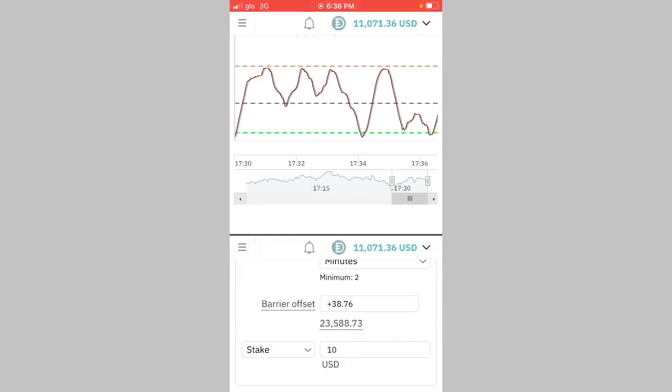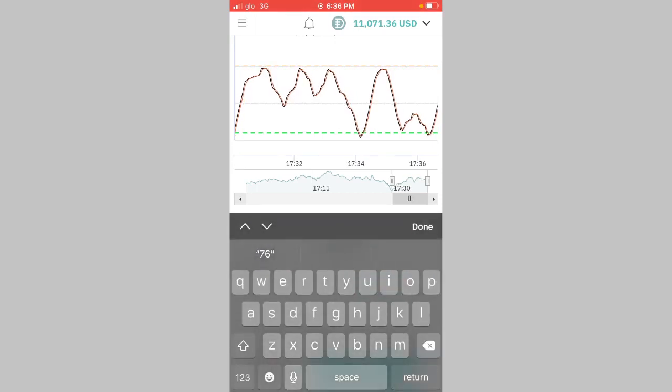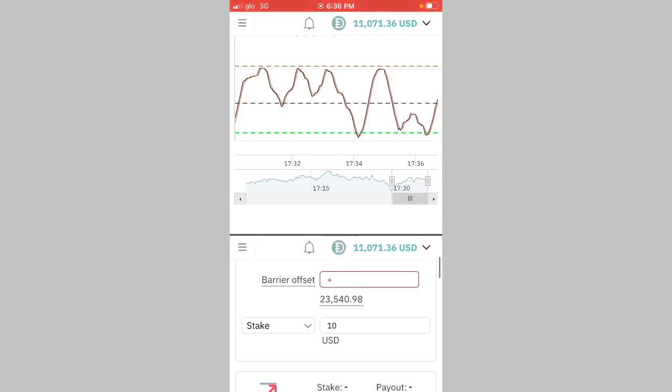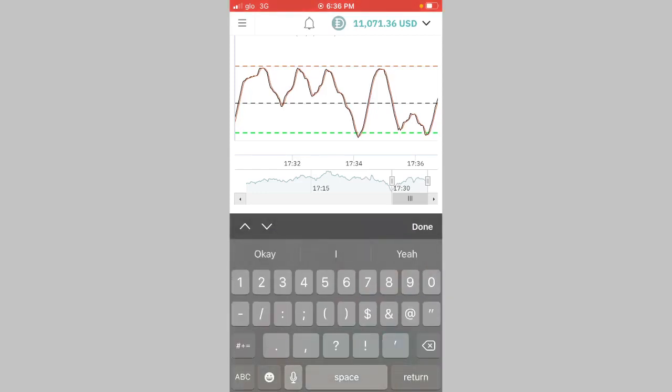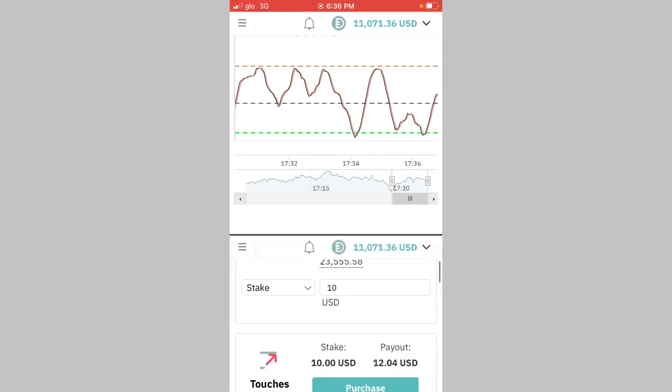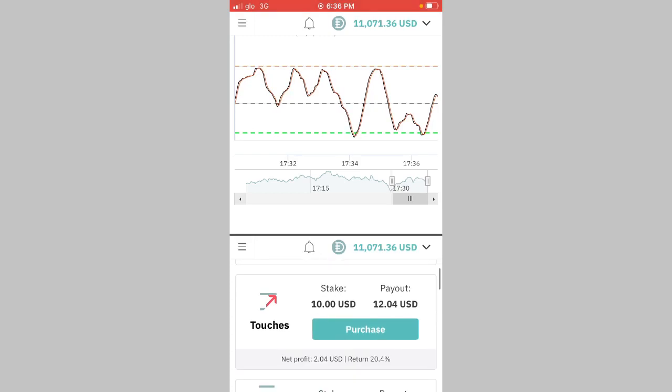Your barrier offset should be plus 0.7 and the staking amount should be 10. In this strategy, we are clicking only touch.